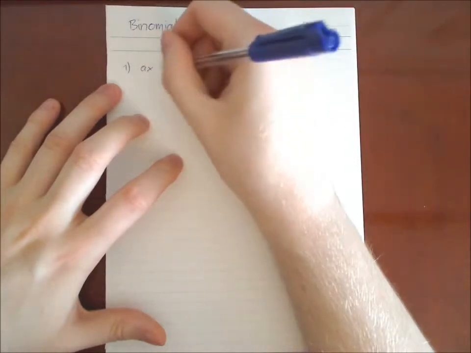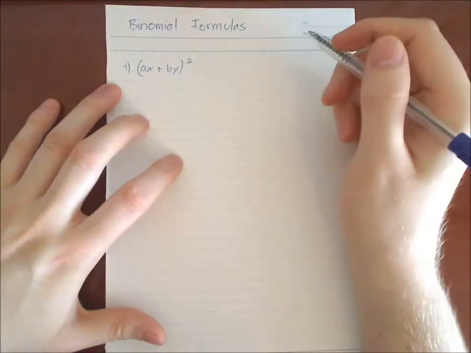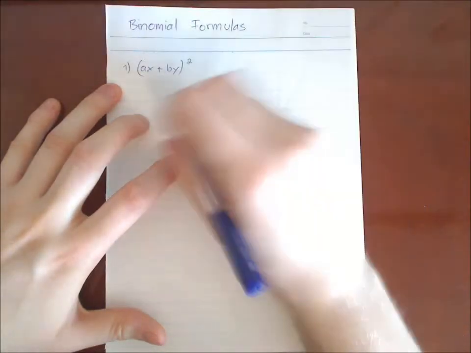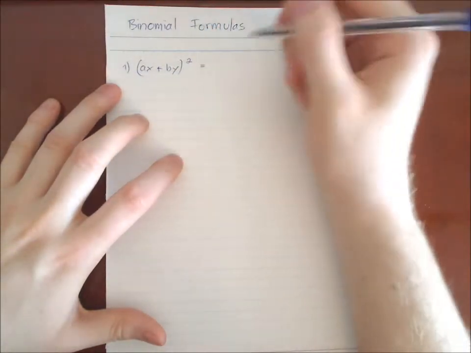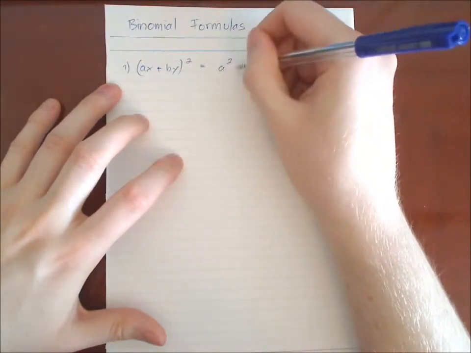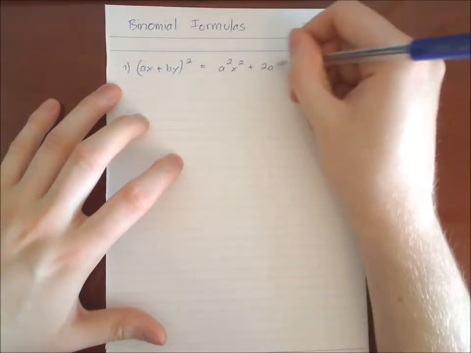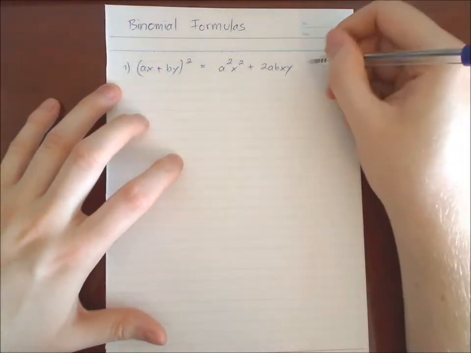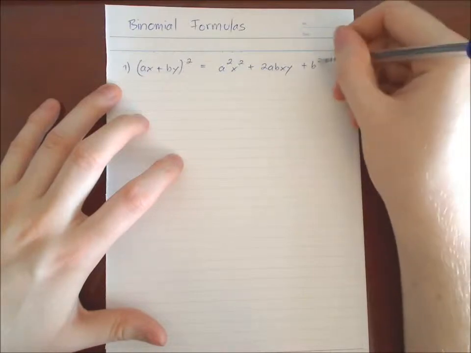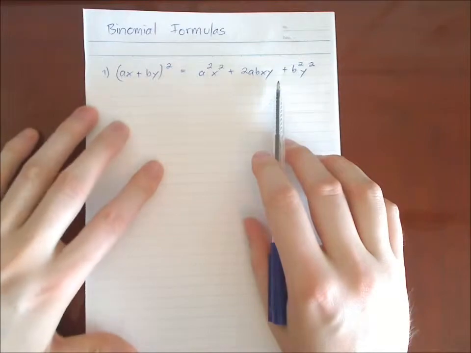We have (ax plus by) squared, and we want to remove the brackets. So the formula says a squared x squared plus 2abxy plus b squared y squared. This is called the first binomial formula.